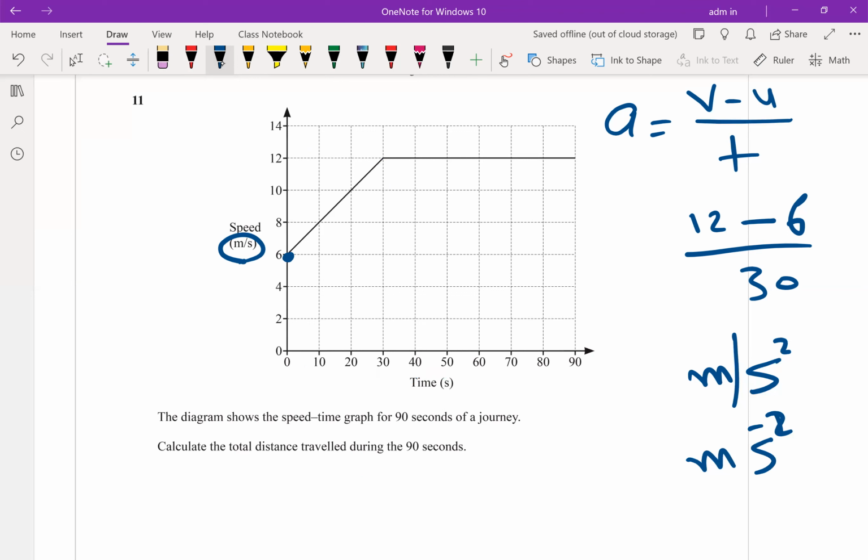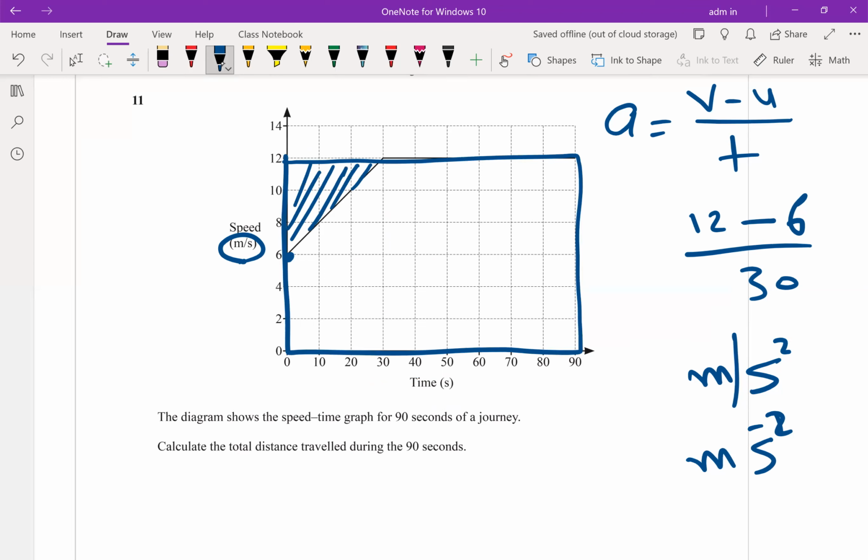It's a composite shape, so you can split it into simple shapes, like this: a rectangle and a trapezium, correct. Or we can do it like this: triangle, rectangle, rectangle. We can find the area of the whole rectangle, then remove the area of the triangle.